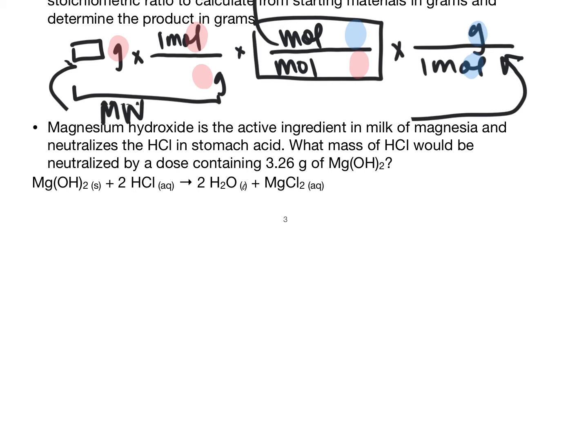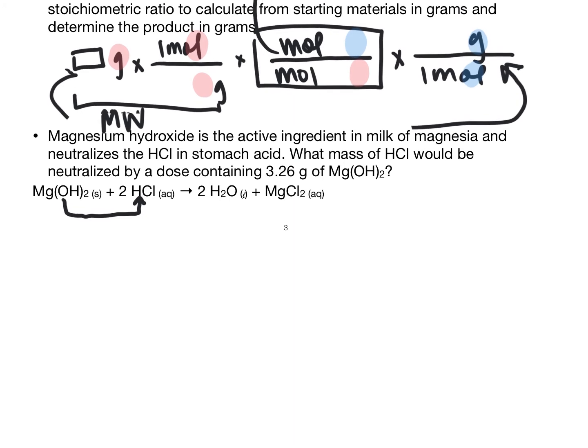So what mass of HCl would be neutralized by a dose containing 3.26 grams of magnesium hydroxide? So what do we want to do? We want to convert magnesium hydroxide to hydrochloric acid. And we want to do that using the skills seen up at the top.